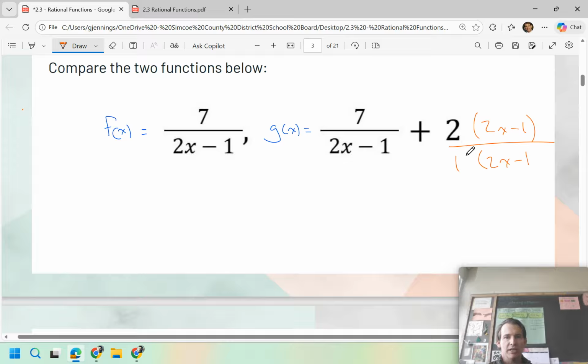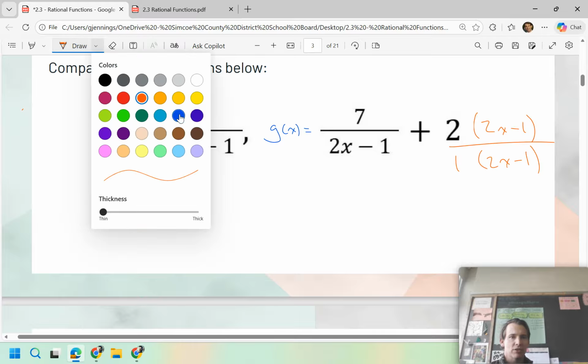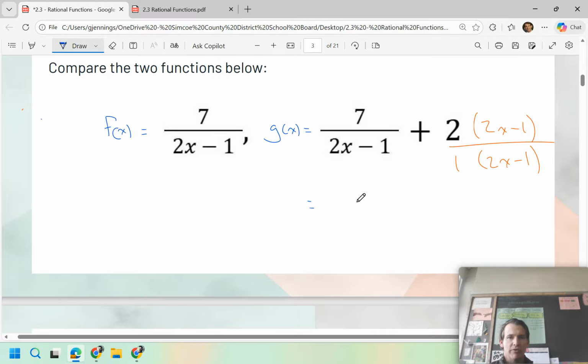So I've basically taken 2 over 1 and multiplied it by 1. That gives us this new line where we know g of x is equal to 7 plus 2 times 2x is 4x, 2 times minus 1 is minus 2. We'll put that in brackets, even though it doesn't make a difference, all over the now common denominator.